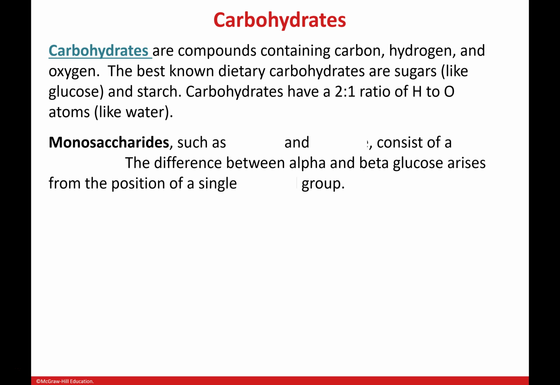Well, mono means one. Saccharide, I think of sugar. Monosaccharides, like glucose and fructose. This goes back to the carbohydrates. Is that why a water diet is good because of the 2-to-1 ratio? No, I think it's a metabolism thing.